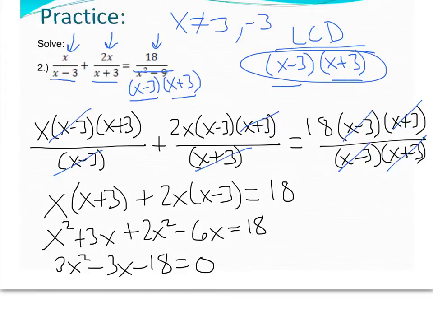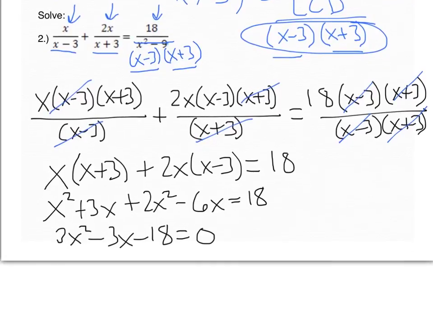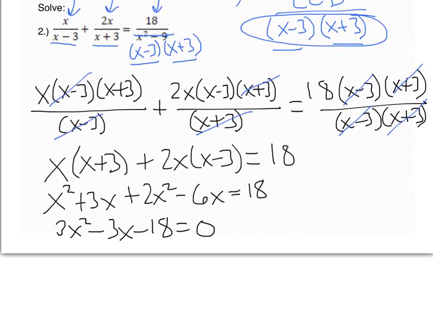Uh-oh, I have a leading coefficient of 3. Am I going to have to do rainbow method? Let's think about it. I noticed that everything is divisible by 3. That will make my life a heck of a lot easier. So I'm going to divide everything by 3 on both sides. I'm going to have x squared minus x minus 6 equals 0, because 0 divided by 3 is still 0.